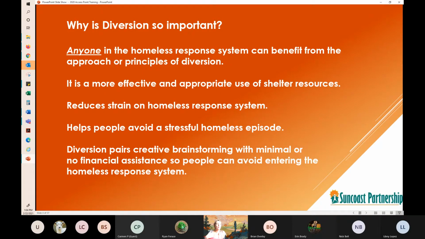We want to make sure we're asking these questions, and then based on the response, you can tailor your response to appropriately meet their needs. So clients who are identifying as having a safe place to stay, but maybe it's inconvenient for them at this time, we should be giving the realistic picture of what homelessness looks like in our community.